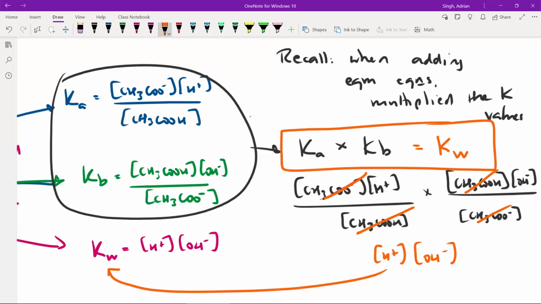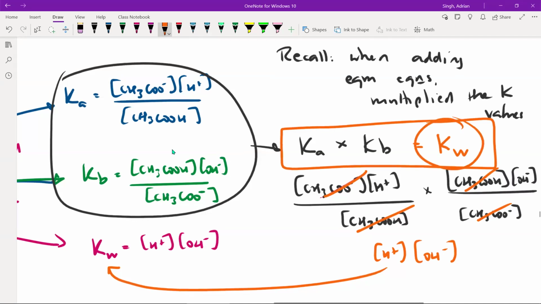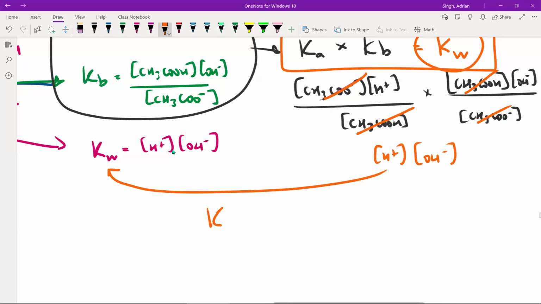Okay, we've just derived a very important relationship, and that gives a quantitative basis for that reciprocal relationship that we talked about before between the strength of an acid and that of its conjugate base, or between the strength of a base and that of its conjugate acid. So we know that Kw is a constant, we talked about that already. So Kw is equal to Ka times Kb.